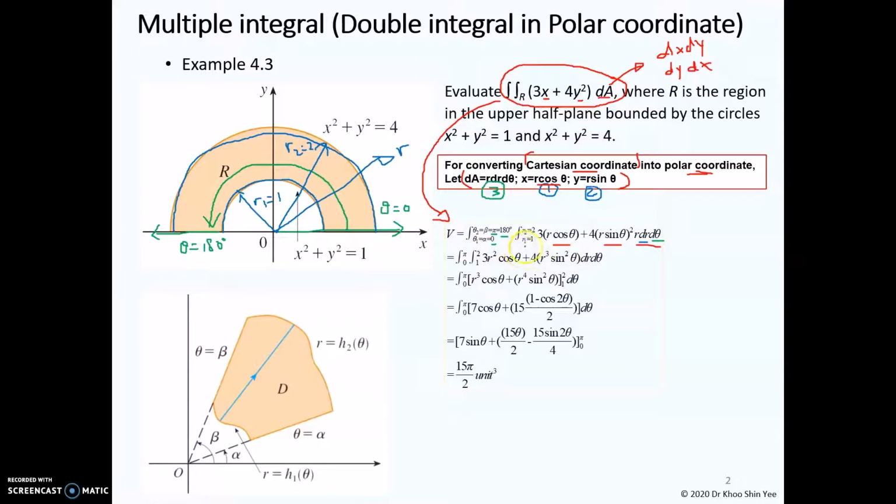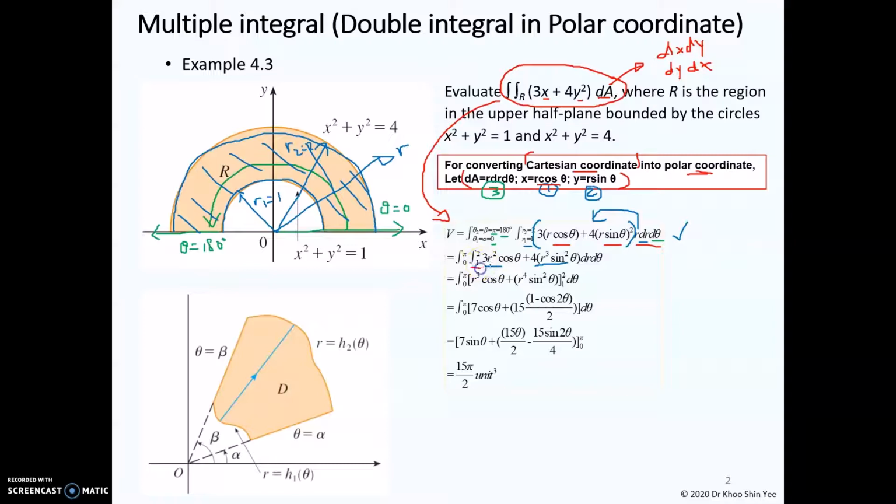Therefore, the limit for the radius is from 1 to 2. With that, you succeed in obtaining the region by using the double integral formula here. So you continue to multiply the r inside this formula to obtain this.